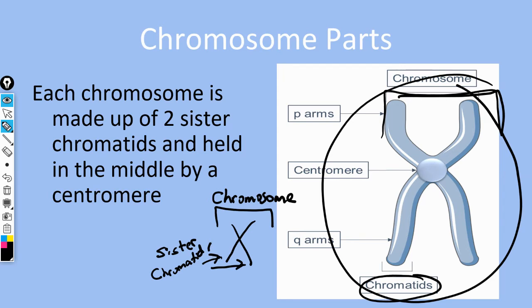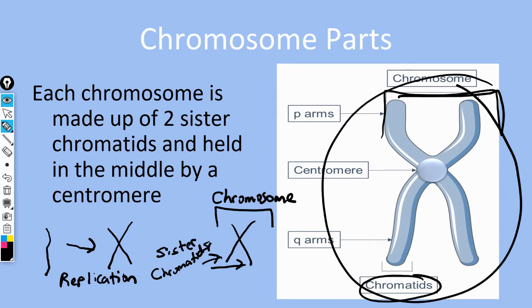And the reason why we call them sisters is because they are identical. The reason why they are identical is because we started out with one chromosome, and then we made 2 chromosomes during the process of DNA replication.